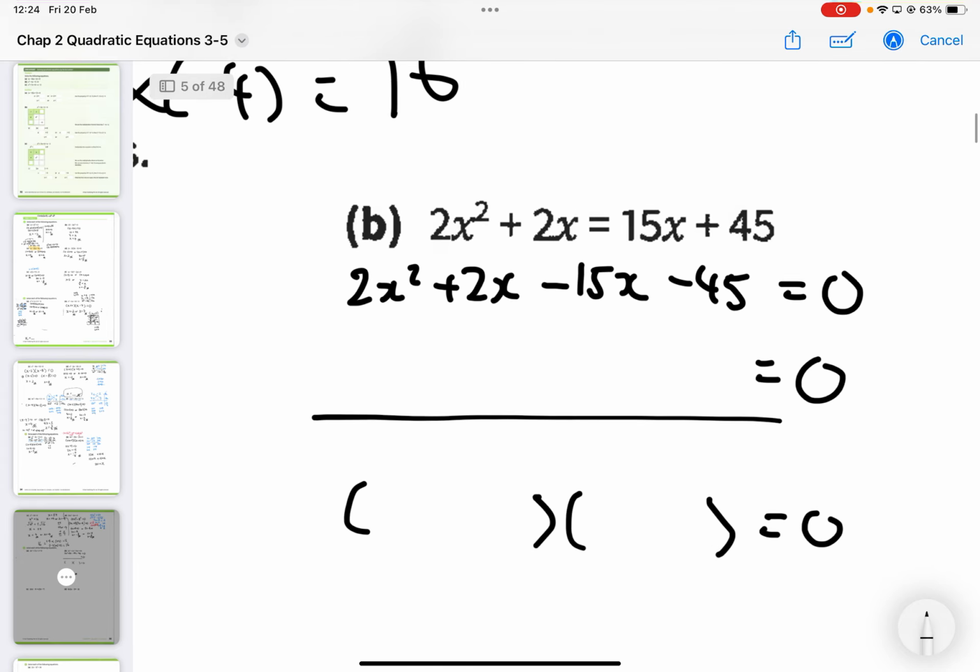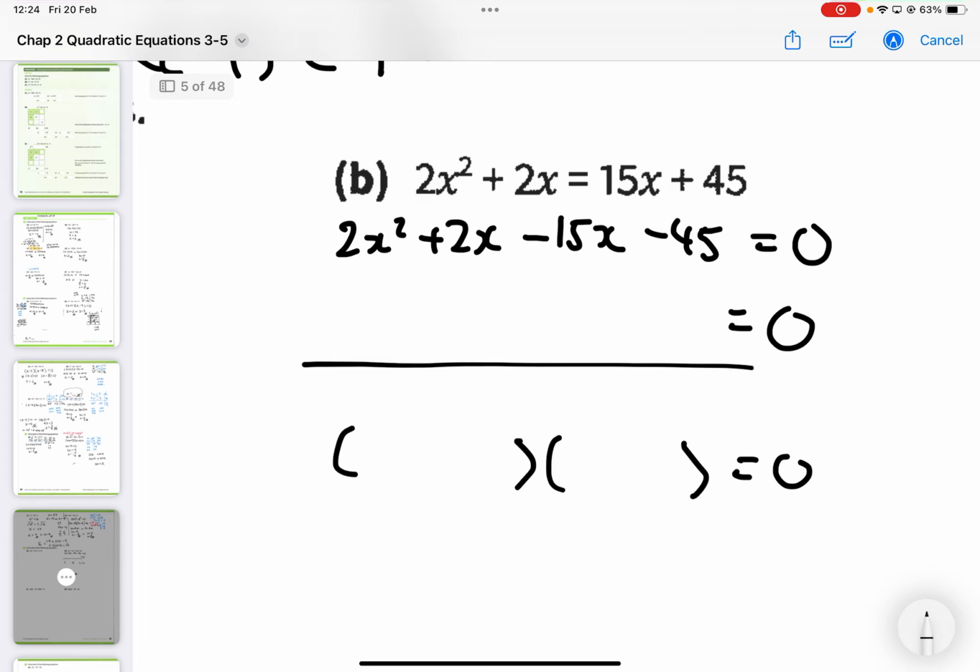So from here, when I see my equation, x squared term I have, x term I have 2. Have 2 means I can combine them together. Plus 2 minus 15, so it is the difference of them, like that. Minus 15 plus 2, so still have minus 13.